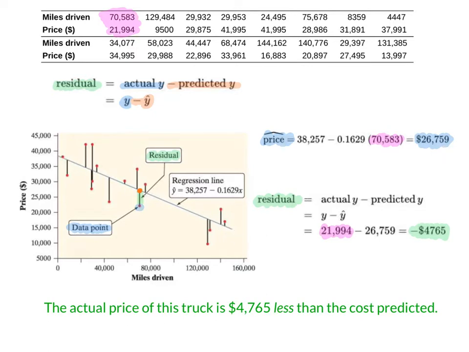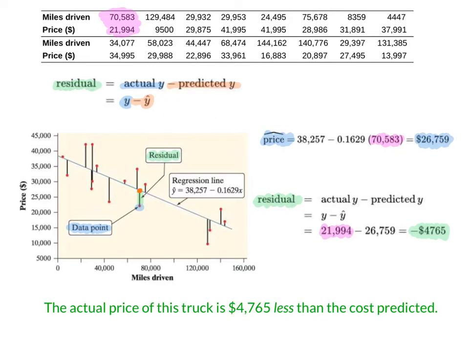Now, again, this is the blue line cost, which is $26,759. Now, we happen to know that that is over the amount that someone actually paid, or the cost of the actual vehicle at 70 plus thousand miles.